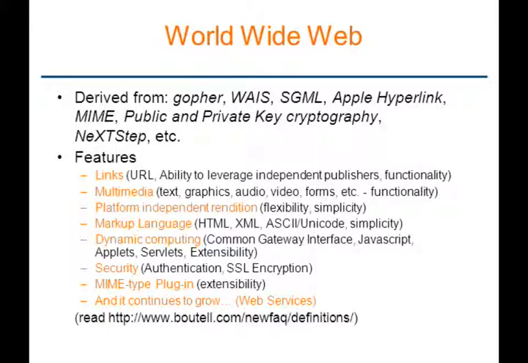So the first thing is links. Links, or URL, which is Universal Resource Locator, basically provides a feature so that one can leverage independent publishers. For the first time with World Wide Web, you didn't need a dedicated publisher to publish information.